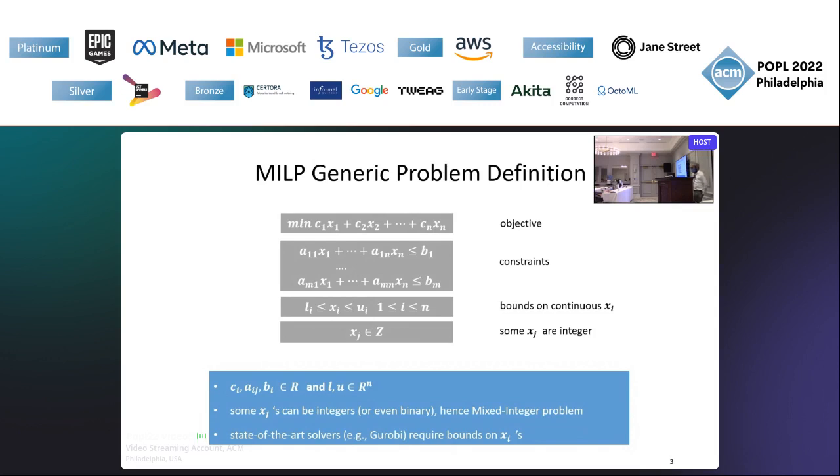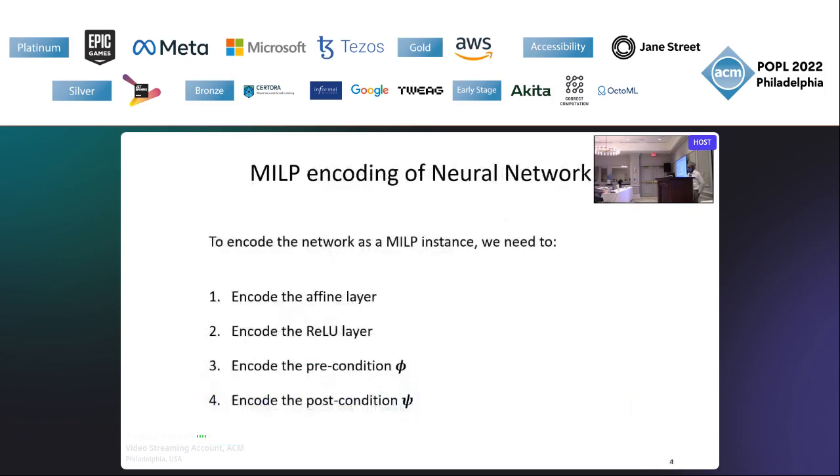So usually there are state-of-the-art solvers. When we do neural network verification, we exploit these solvers, but people have actually also developed specialized solvers for neural network verification. Okay, so to encode a neural network, you can use mixed integer linear programming.